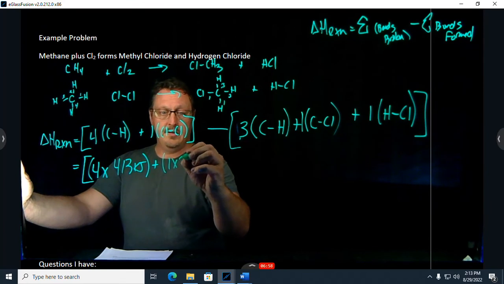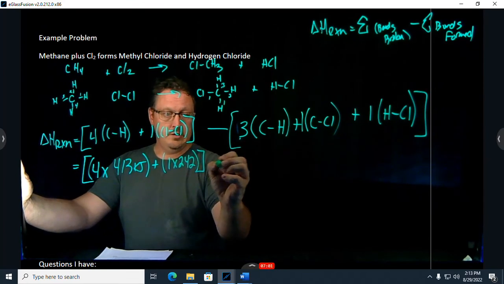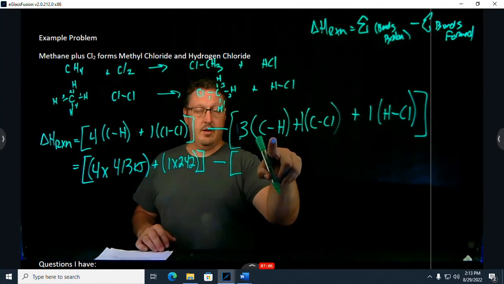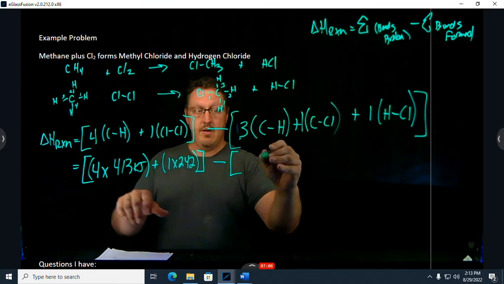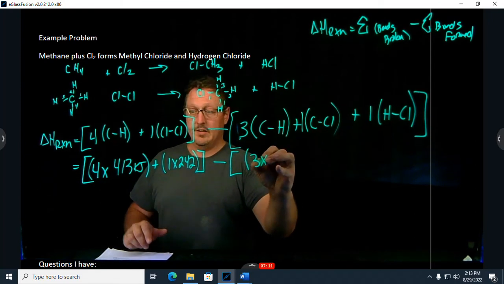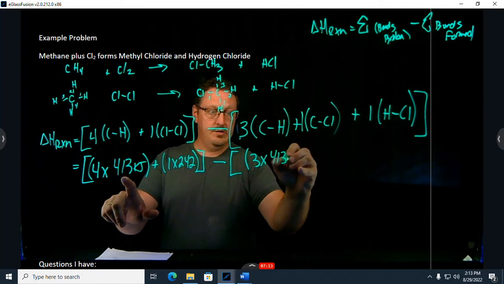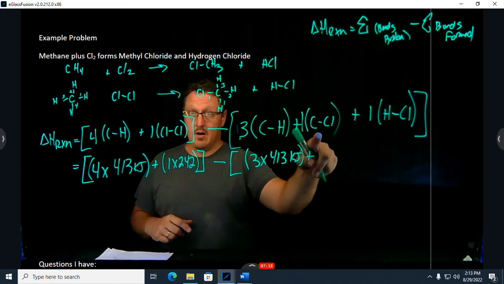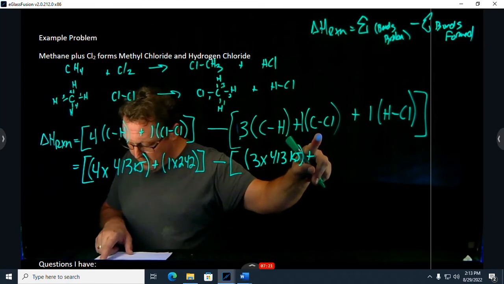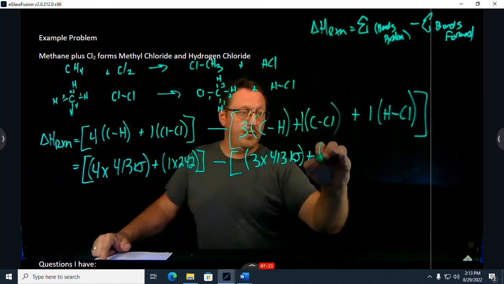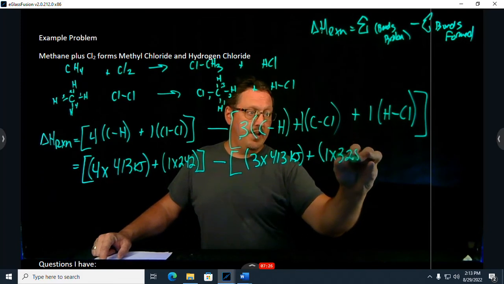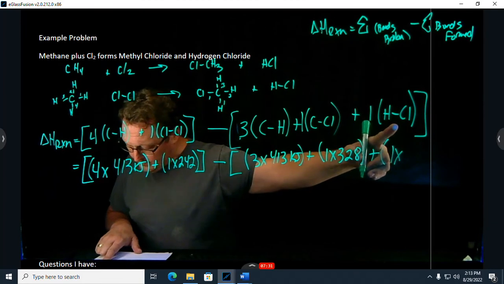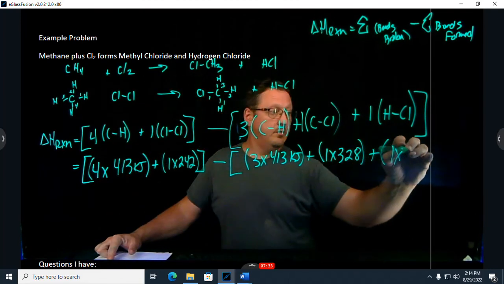So 1 times 242, minus 3 carbon-hydrogen bonds, so 3 times 413 kilojoules, plus 1 carbon-chlorine single bond. Carbon-chlorine is going to be 328. So 1 times 328, plus 1 times a hydrogen-chlorine bond, which is going to be 431.